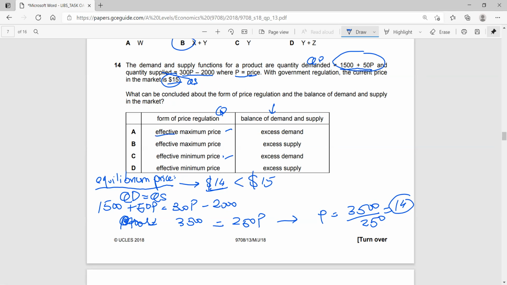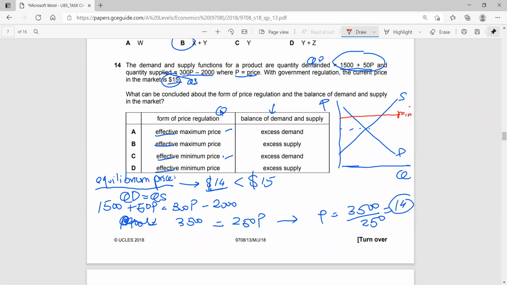And the options we've been given are only effective price controls. So let's just draw the diagram as well. When do you place the price above the market price if you're putting an effective price control? So a price control that actually does something. You do that when you have a minimum price.